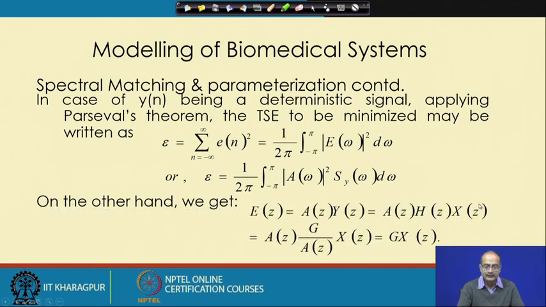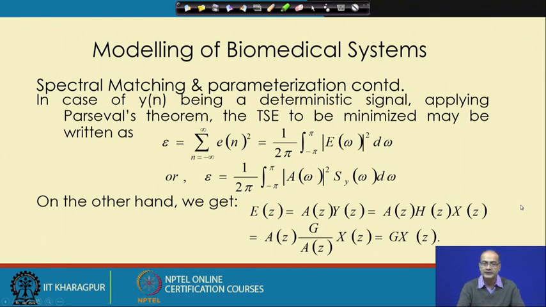On the other hand, with some mathematical manipulation, E(z) equals A(z) into Y(z). Now, we can replace the value of Y(z): we know that it is H(z) into X(z), and H(z) can be represented as G by A(z). So, on the right hand side A(z) will cancel, because it appears in both numerator and denominator.